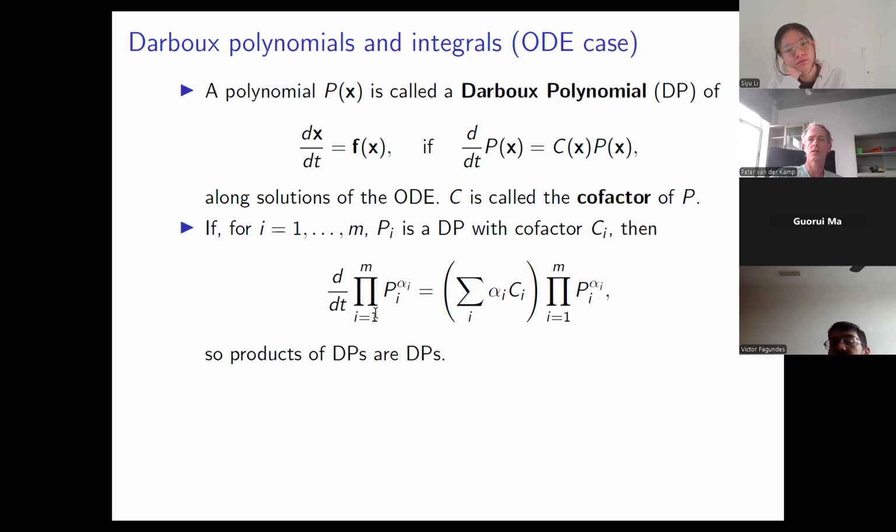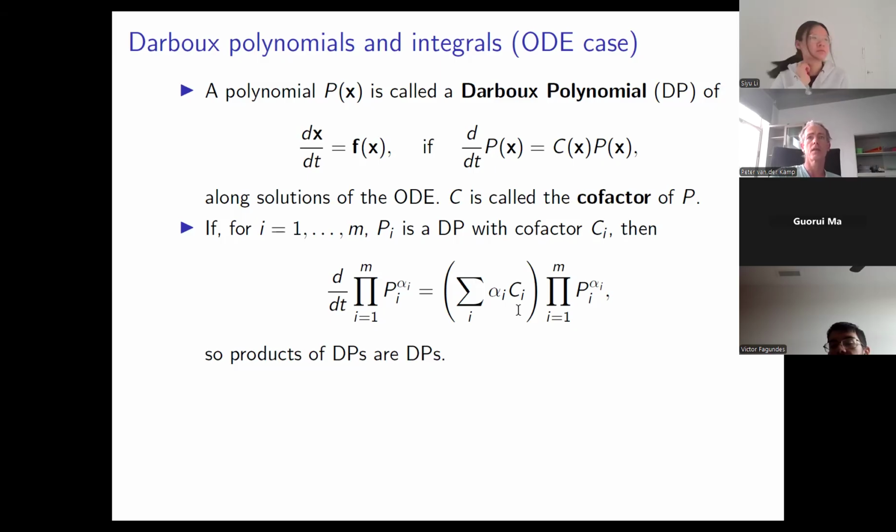And then you can ask, well, what is the cofactor? The only thing you need to know is the Leibniz rule to derive that the cofactor of that Darboux polynomial, this thing, is just a linear combination of the cofactors of the original Darboux polynomials.